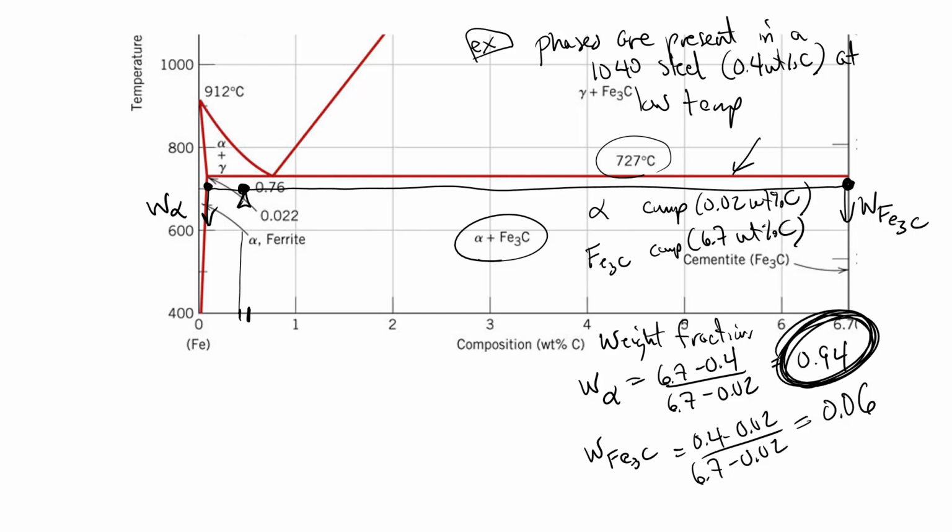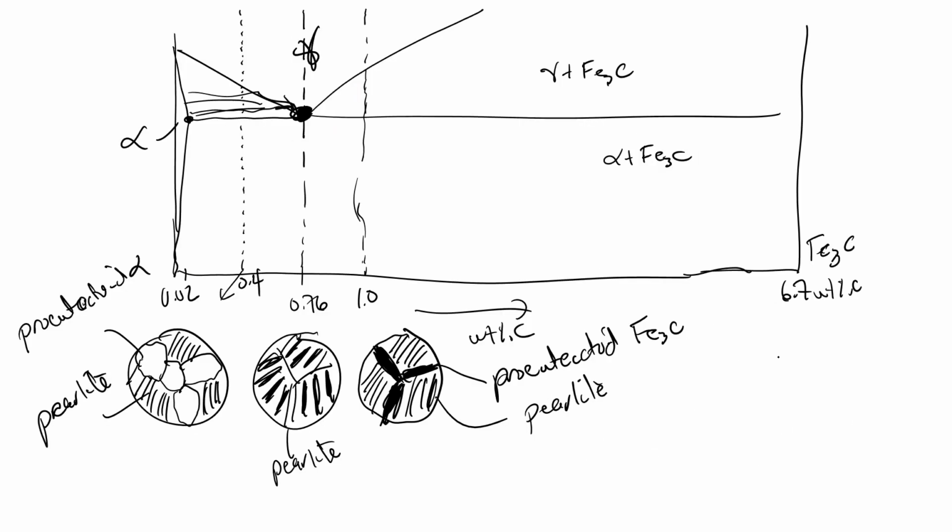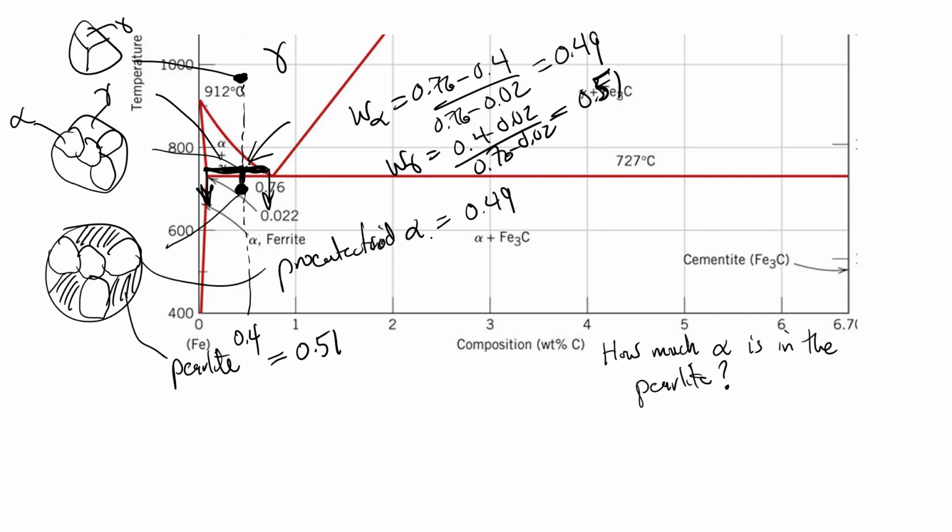Sorry, 0.94. That's 94%. Back here, the amount of alpha in the proeutectoid alpha is 0.49. So how much alpha is in the perlite? That would be equal to the total alpha, 0.94, minus 0.49. Right? Because this is the total alpha, and this is the proeutectoid alpha.